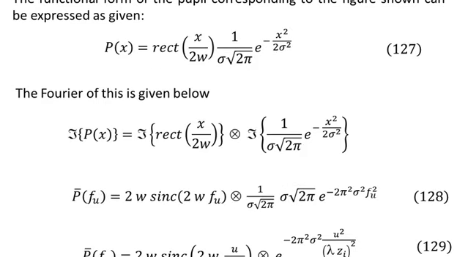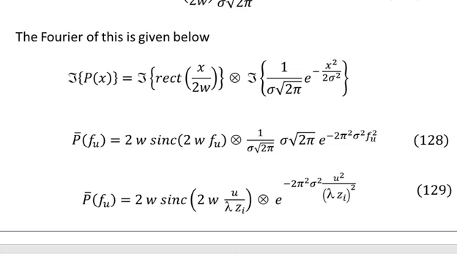So you see that here we have given the Fourier transform where the Fourier transform of the two functions which are multiplying in equation number 127 will be convolved in the first step we have shown, and in the second step we have written the Fourier transform of the rect function as 2w sinc of 2w fu convolved with the Fourier transform of the Gaussian function in equation number 128, which is 1 over sigma square root of 2 pi multiplied by sigma into square root of 2 pi in the numerator and multiplied by the exponent, which is e to the power minus 2 pi square sigma square fu square.